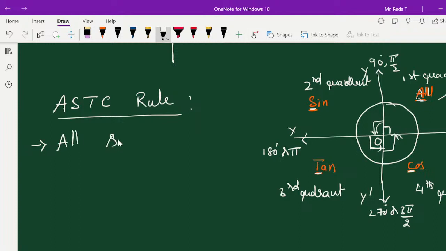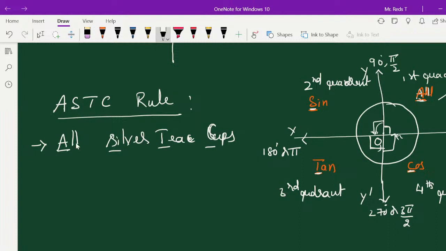All silver teacups. So the first letters are A S T C. In this way you can remember. For remembrance purposes, we can call ASTC, in expanded form, all silver teacups.